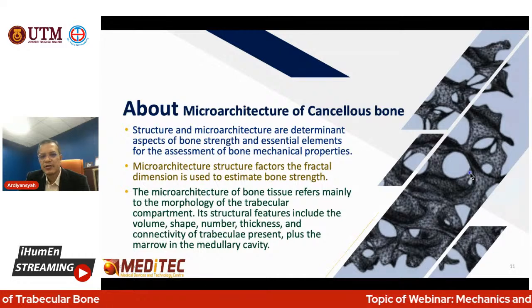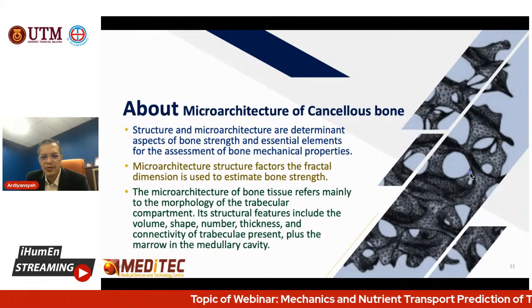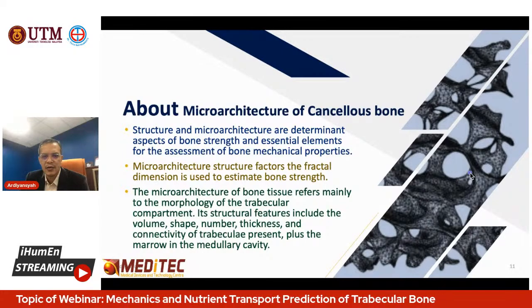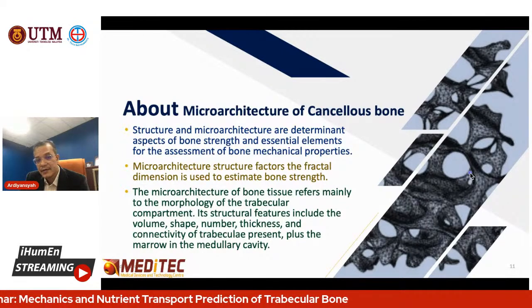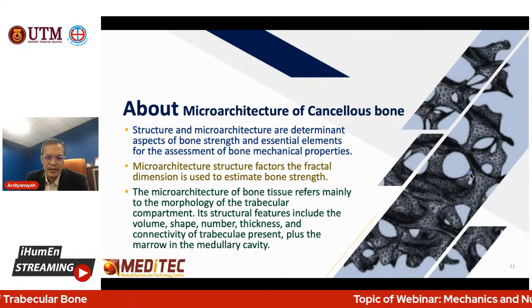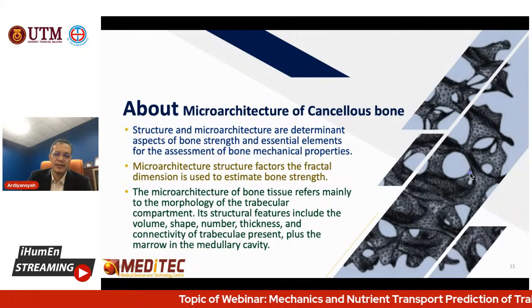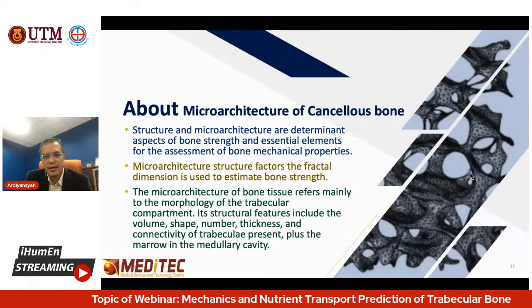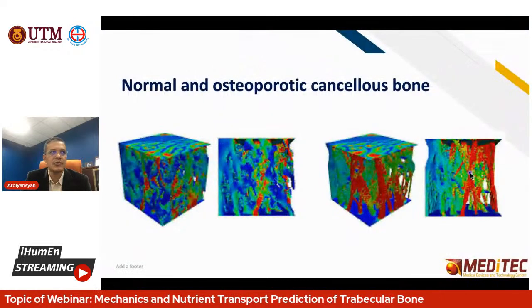The microarchitecture of the bone tissue refers mainly to the morphology of the trabecular bone compartment. Its structural features include the volume, shape, number, thickness, and connectivity of the trabeculae present, plus marrow in the medullary cavity. That is the microarchitecture of the cancellous bone.